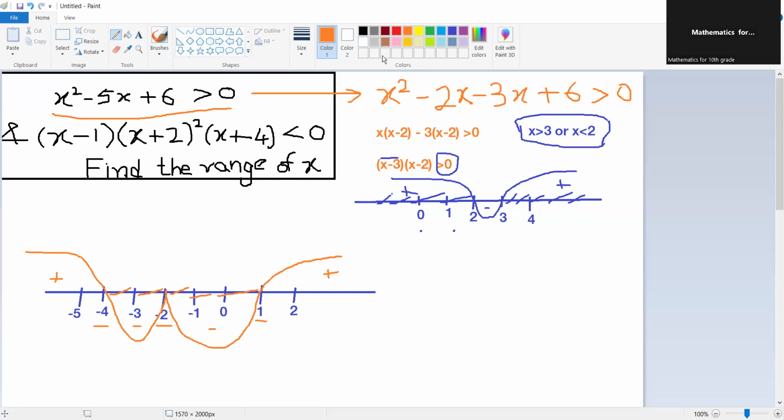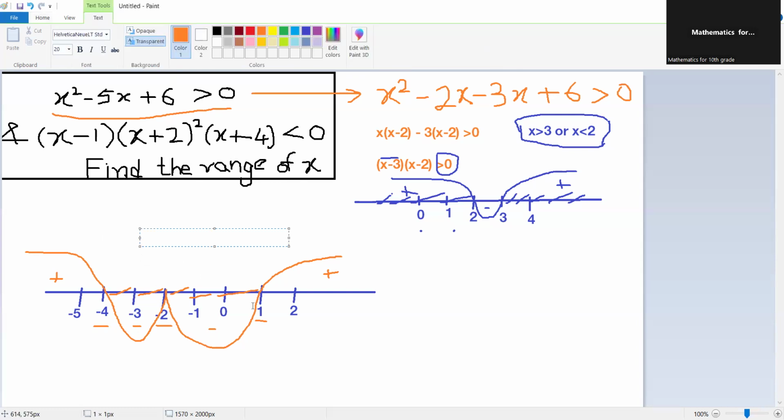So the range is, I'll say this here, -4 less than x less than -2, or -2 less than x less than 1.